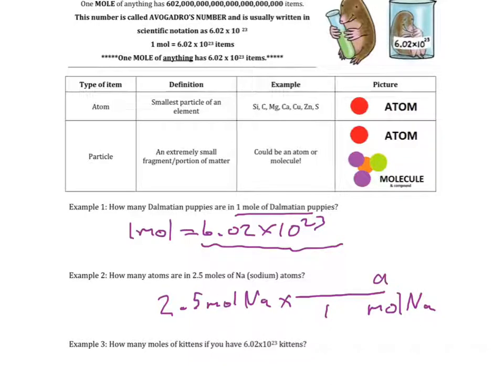And we know 1 mole is 6.02 times 10 to the 23rd atoms. And if you were to type that into your calculator, you would get about 1.5 times 10 to the 23rd atoms. Now what I want to say is we have not learned how to do this yet. This is what we're going to learn right now.